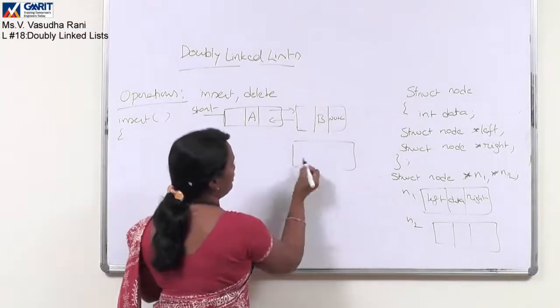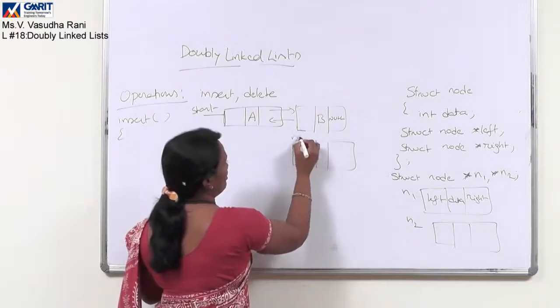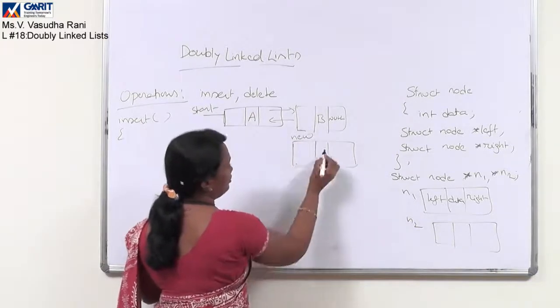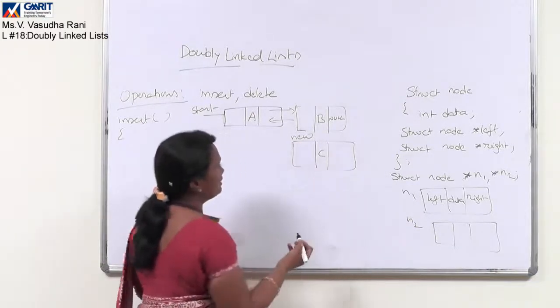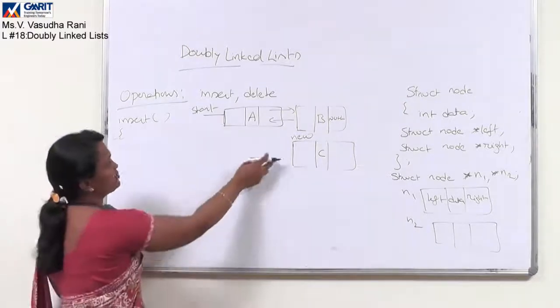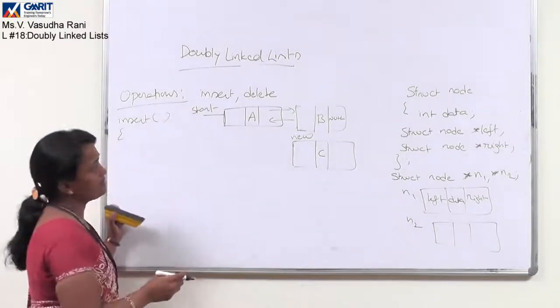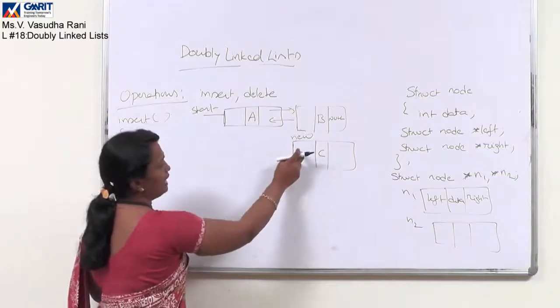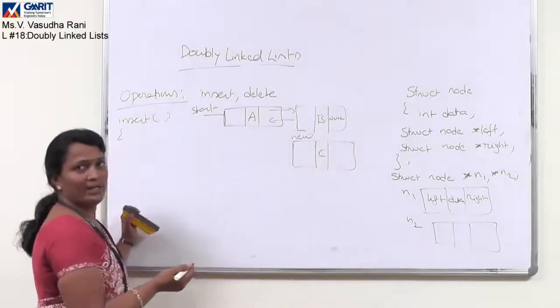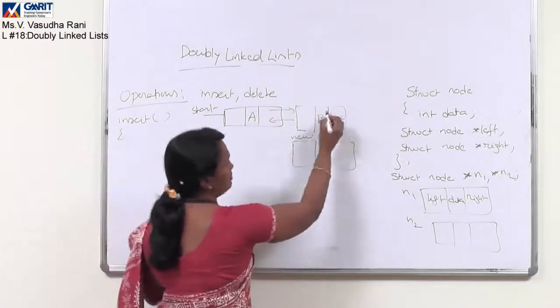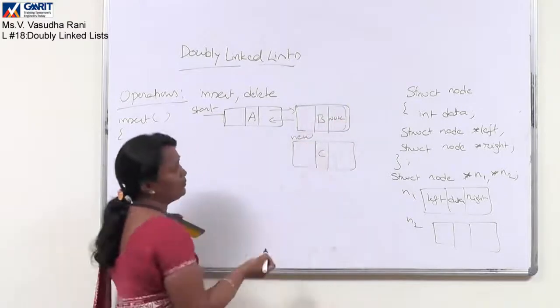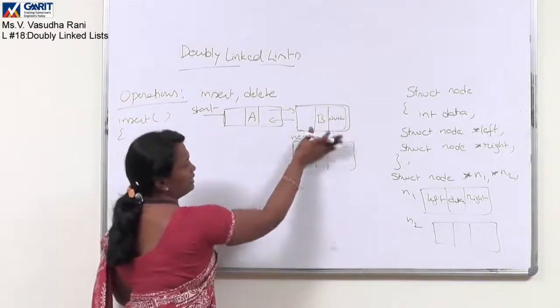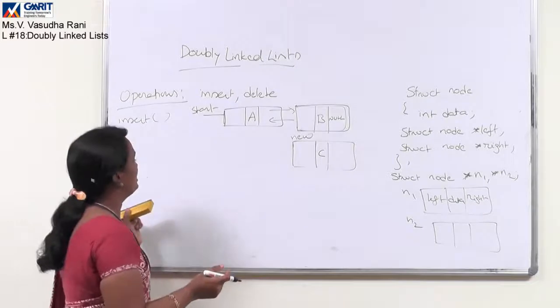Here you want to add a new node with the data item C to this particular list. Let us consider the case where you want to add this new node to the end of the list. At this end we have our B node. To this B node we have to connect this new node C.